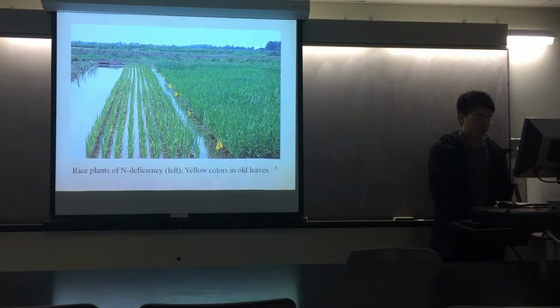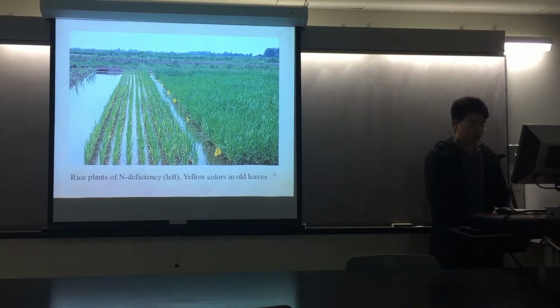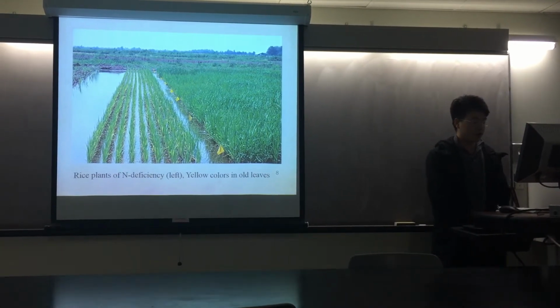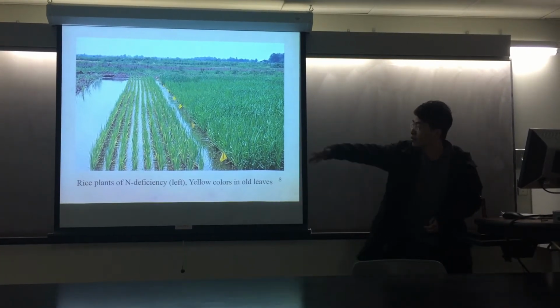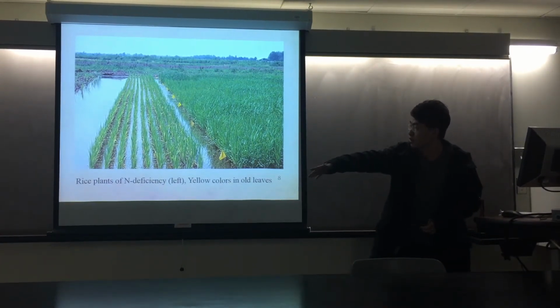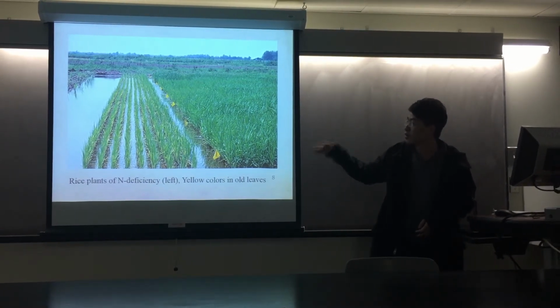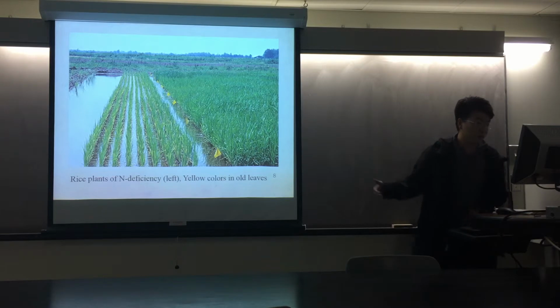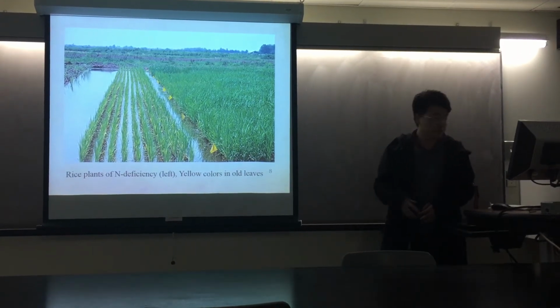Then look at this nitrogen-deficient plant. They are stunted, with crude growth, and the length of the vegetative growth stage may be very shortened. You can compare: the left side is the nitrogen deficiency and the right side is the normal one. You can see it is very different.